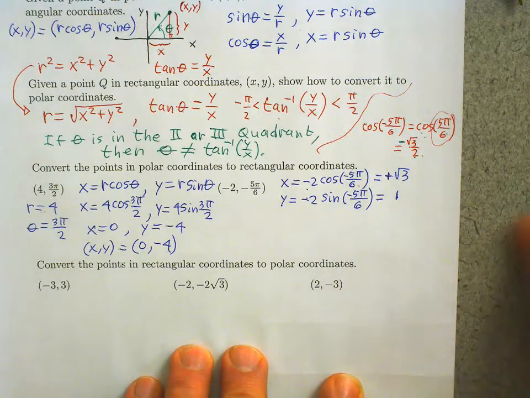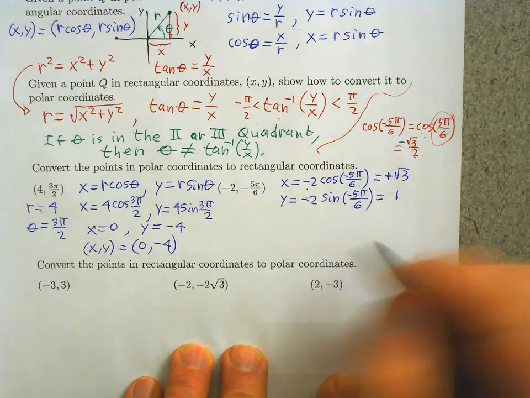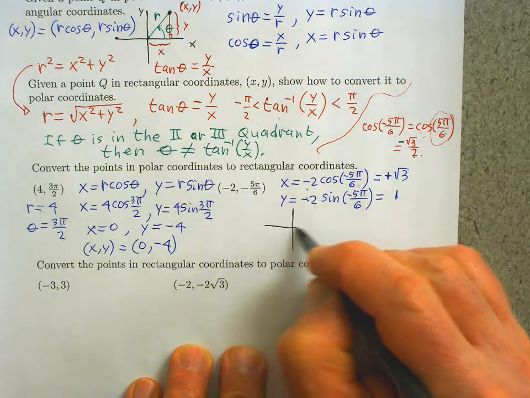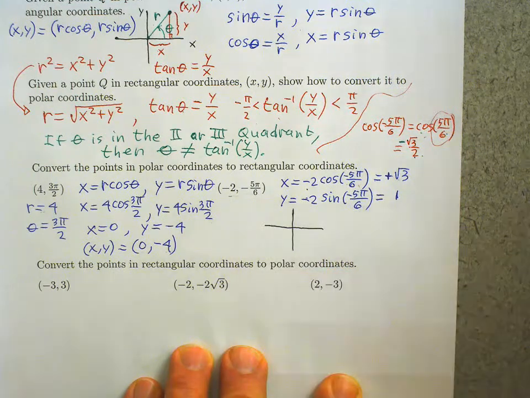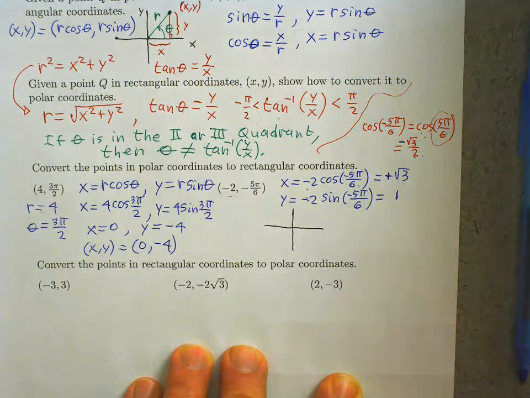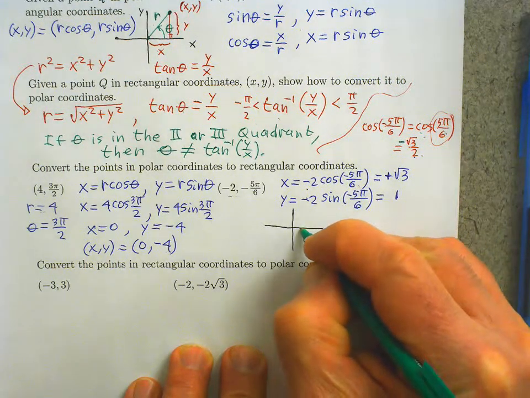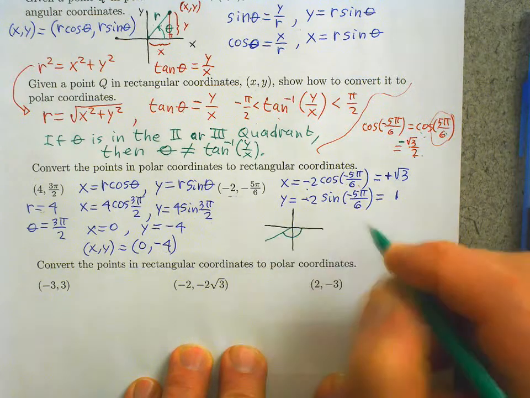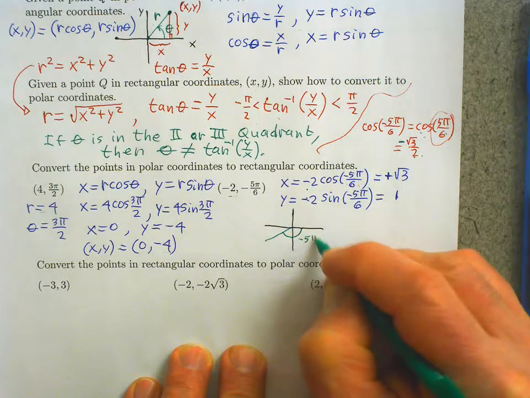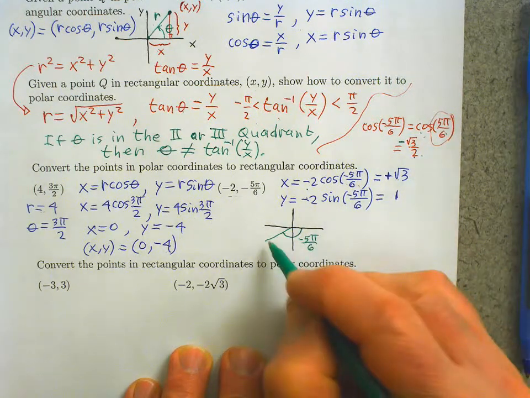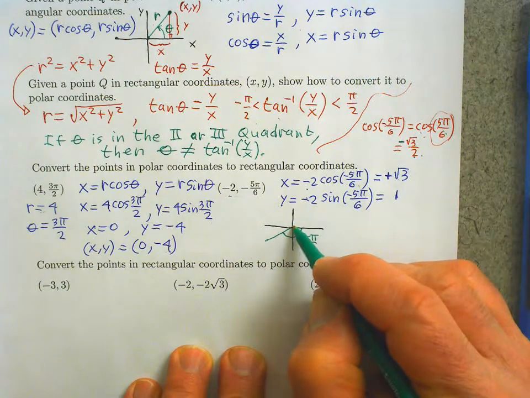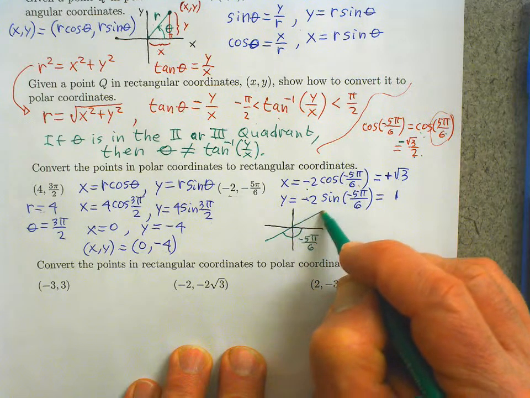Okay, so let's see if we can make sense out of this. Let's first plot this point. -5 pi over 6 is about right here. But since the r value is -2, it means we move in the opposite direction 2 units.